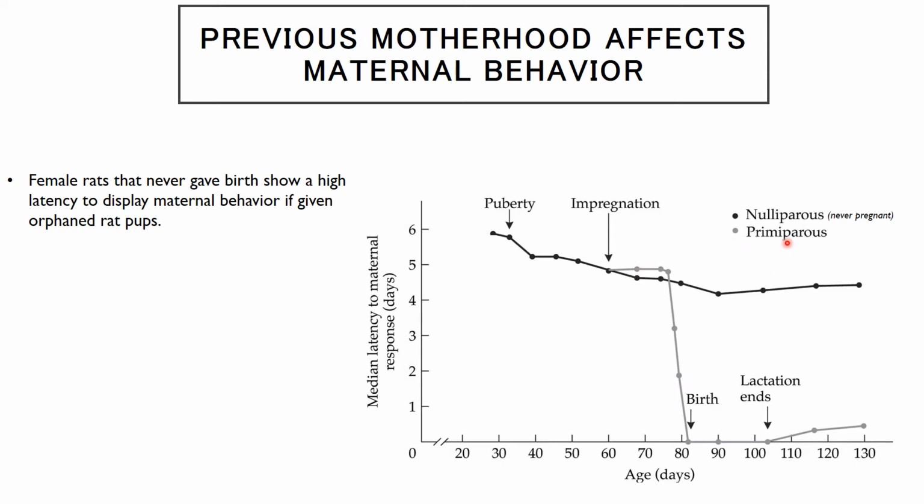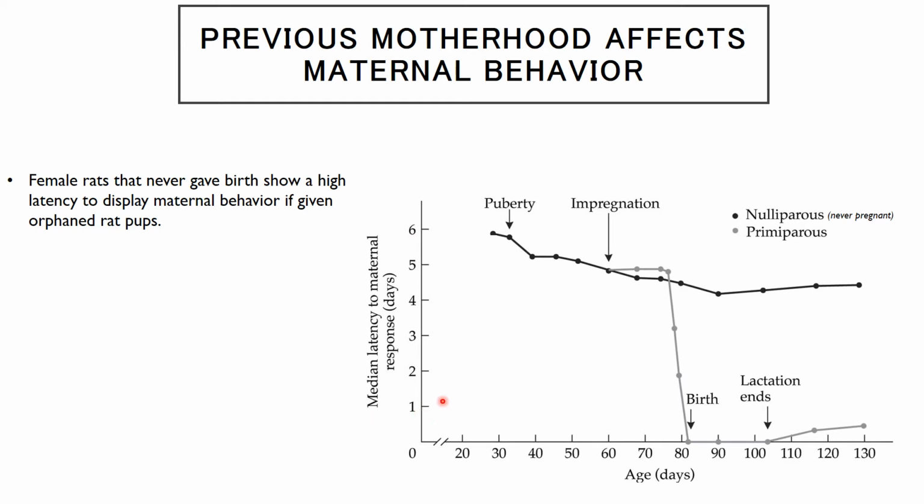A couple of terms here. Nulliparous means never pregnant, and primiparous means having been pregnant once. So female rats that have never given birth show a high latency to display maternal behavior if given orphan rats. On the y-axis here is the number of days it takes for a female rat to be exposed to orphan rats and to be primed to start maternal behavior. On the very first day, it takes a very long time.